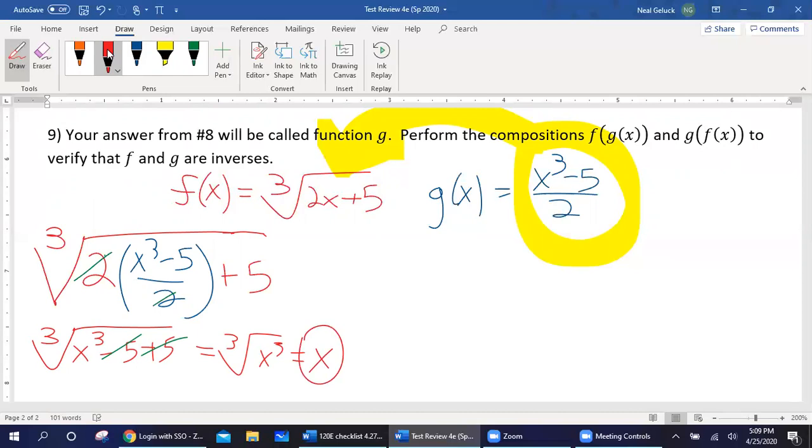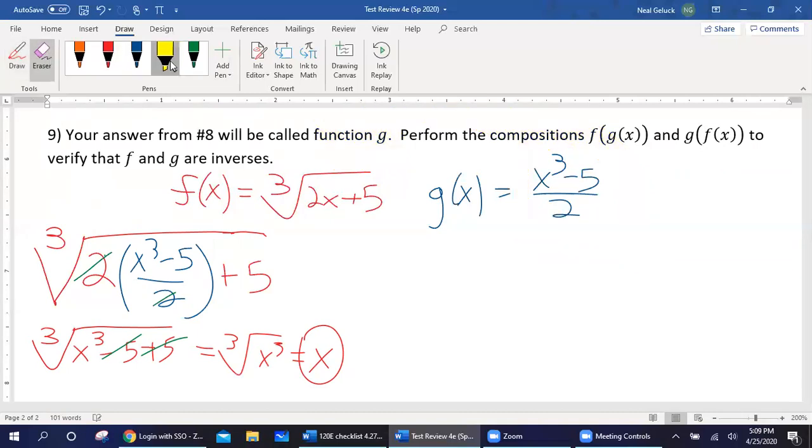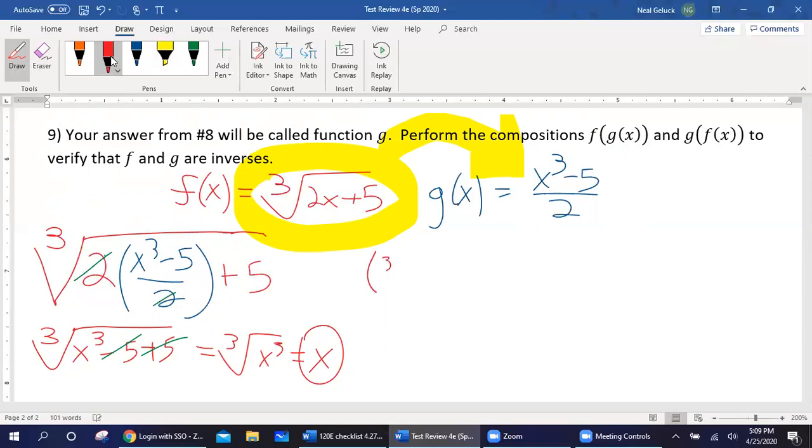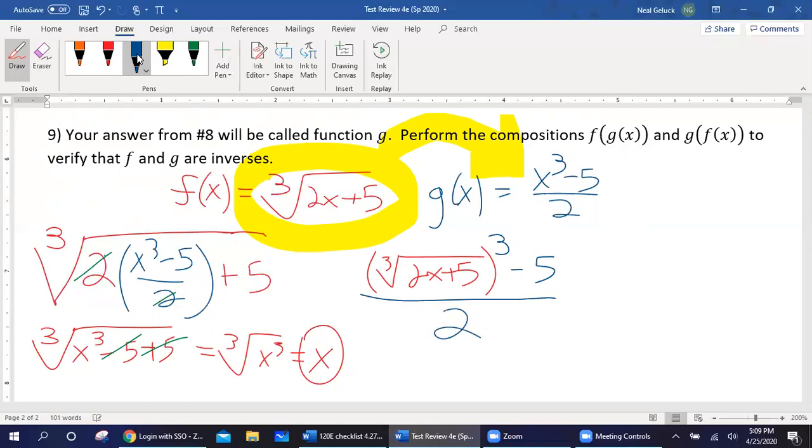But to prove that they're inverses, I have to also go the other direction with it. Meaning I have to take my f function and plug it in for x in my g function. So what this is going to look like, cube root 2x plus 5, cubed, minus 5 all over 2.